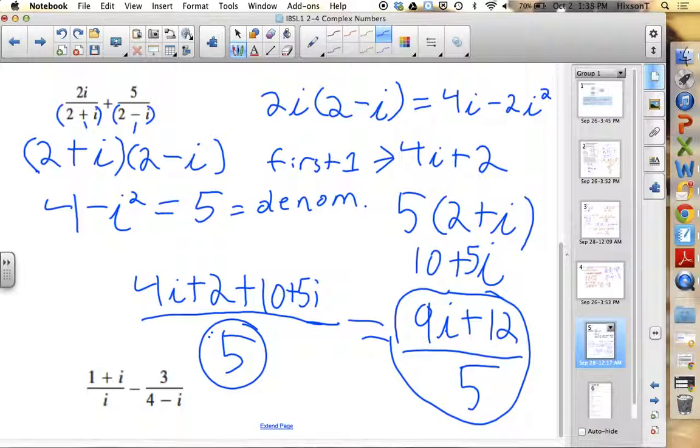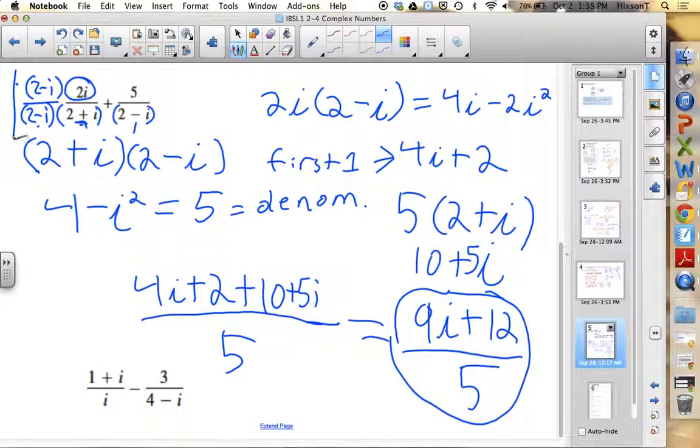Okay? Then he figured out his numerators separately. So he took this 2i, and since there was already a 2 plus i, he had to multiply it by a 2 minus i to get the common denominator. And if you do that in the denominator, you have to multiply by the same thing in the numerator.